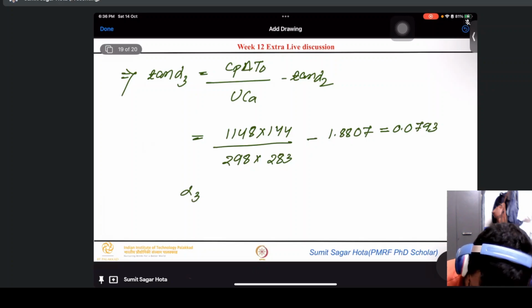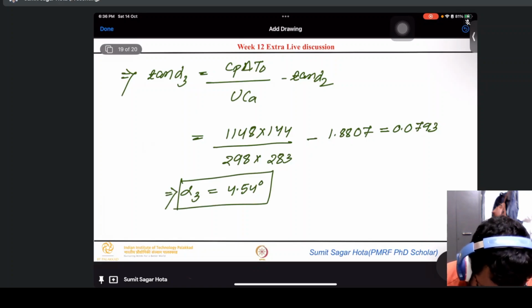So what is alpha 3? 4.54 degree. Okay, so you got your alpha 3.